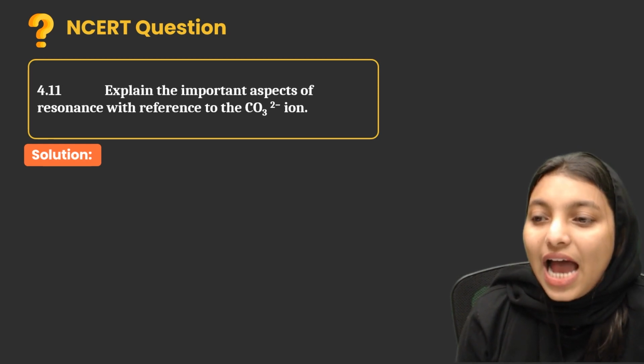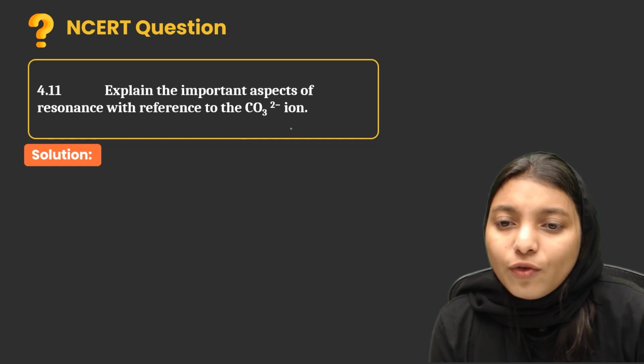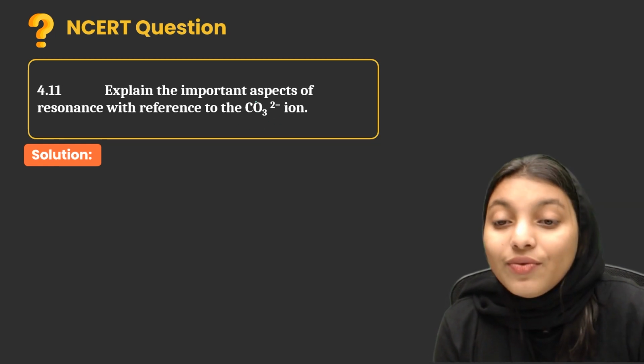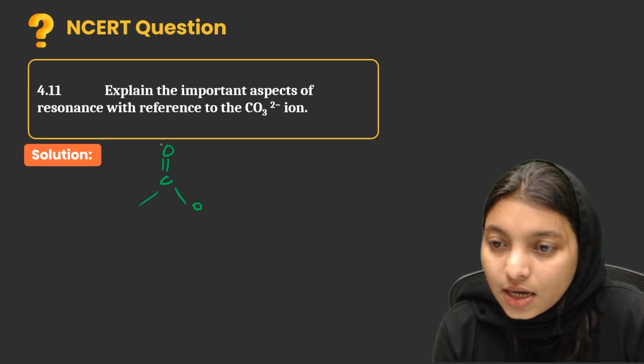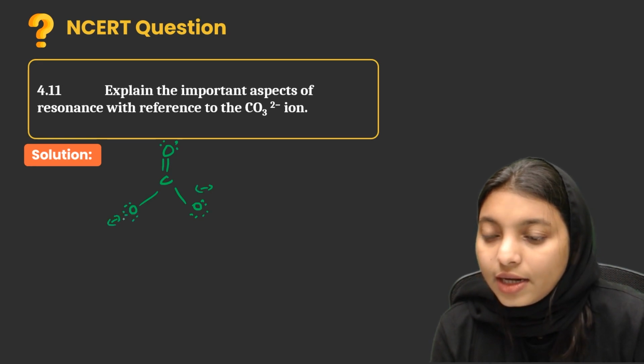Explain the important aspects of resonance with respect to the CO3 2- ion. We have mentioned the structure of this same ion in the previous question, where we came to know that the structure of CO3 2- will be like this. I am mentioning the number of lone pairs also here. This is one negative charge and another negative charge.